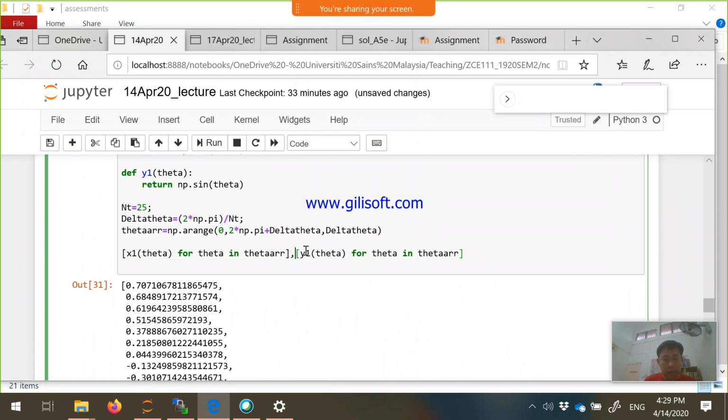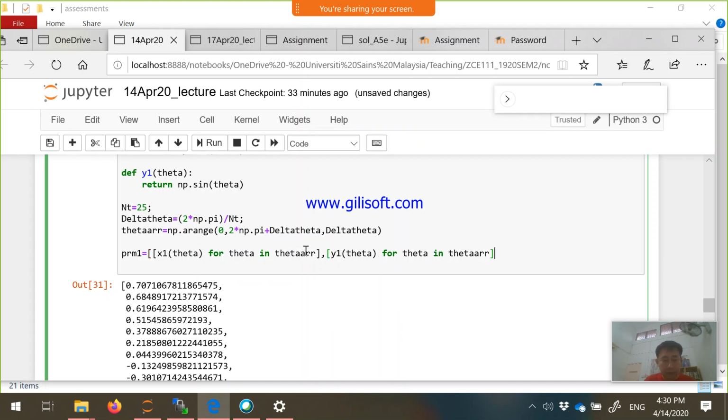So now, what is this? These are two arrays that describe the x coordinate and y coordinate for the parametric curve. So I just call it parametric curve 1. It would be a collection of these. Then I just plot this, right?